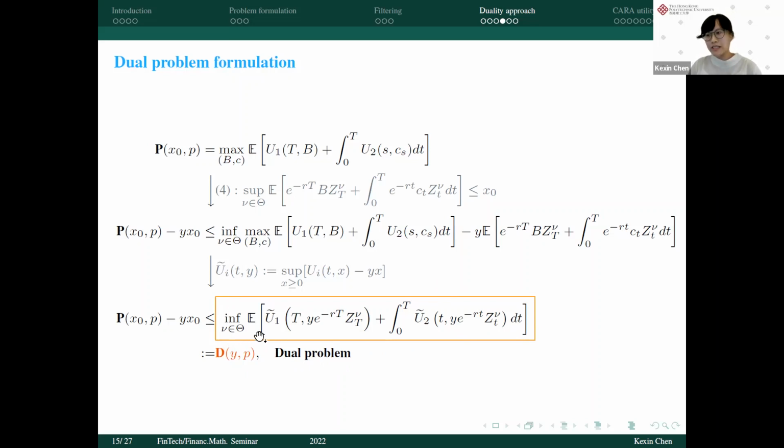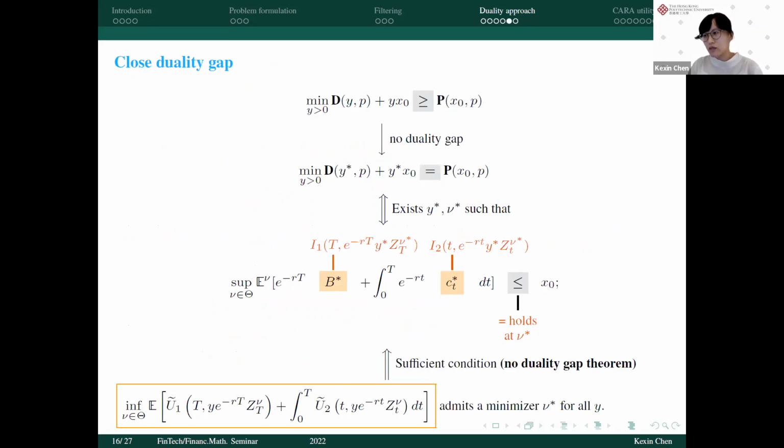It is an optimization problem over all the nu that belong to the set theta, and we denote by d its value function. By formulation, the left-hand side minimum will always be greater than or equal to the right-hand side. And we say that there is no duality gap if we can find some y star such that the equality holds. If there exist y star and nu star such that the following condition holds, then we can check that this pair closes the duality gap.